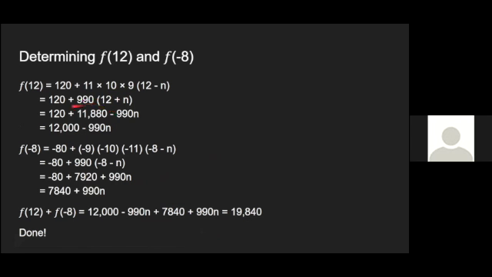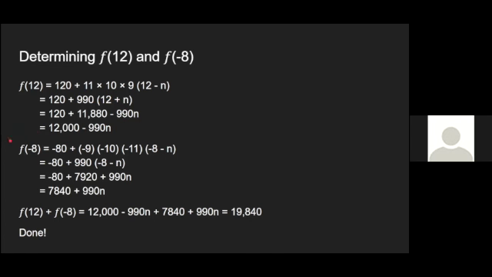So you get 120 plus 990 times (12 minus n), which is 120 plus 11,880 minus 990n. So we get 12,000 minus 990n.